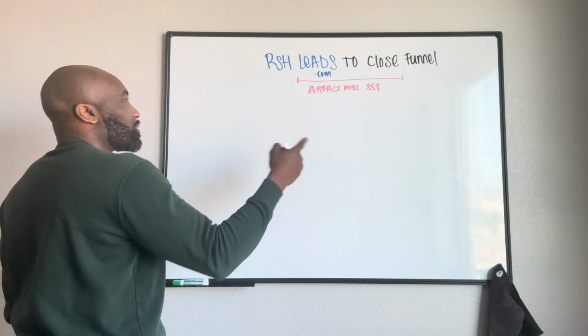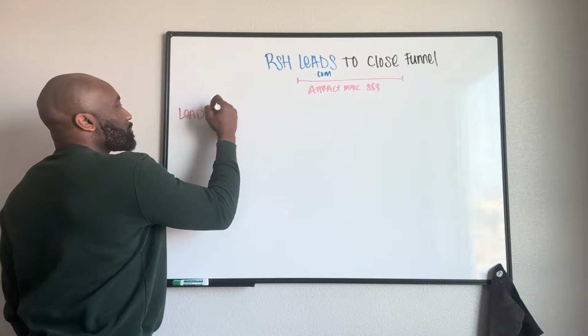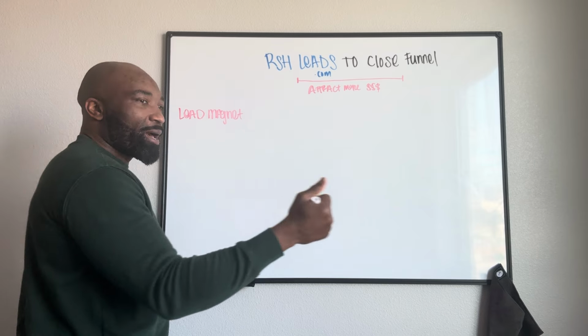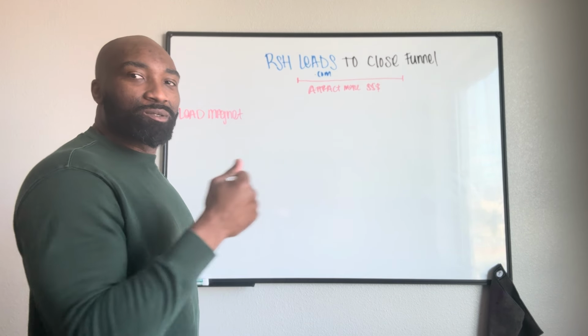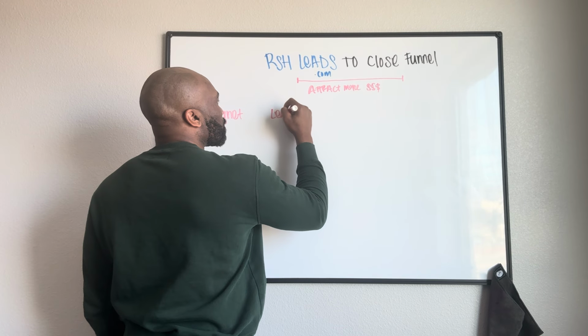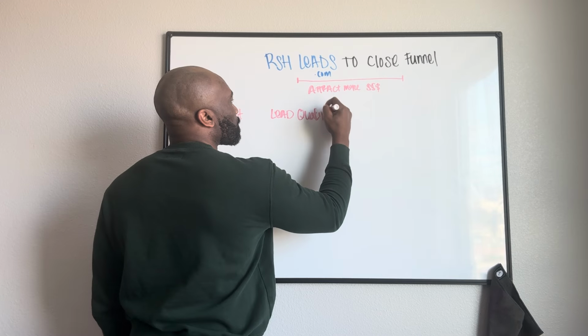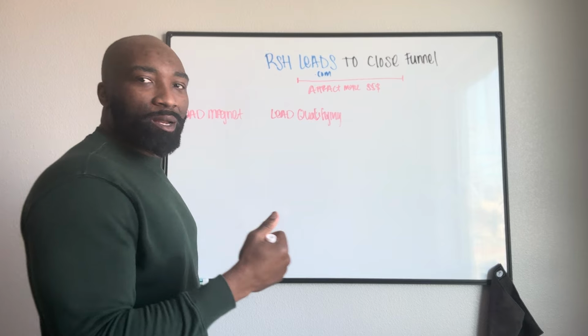The first of these subsystems is your lead magnet. How do you attract the leads to your business? We build the mechanisms to attract leads to you. Then your leads go through qualifying. How do you qualify the leads?